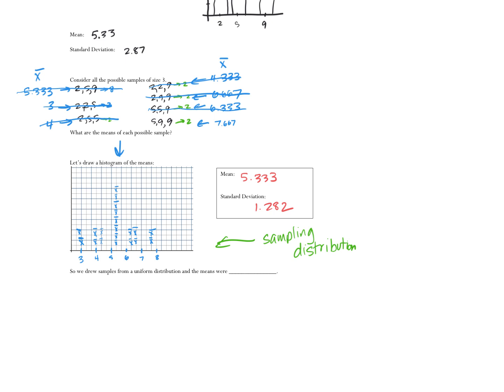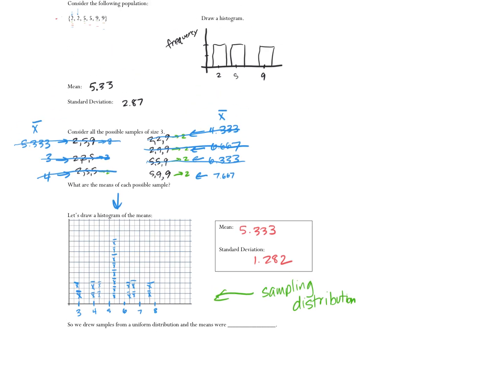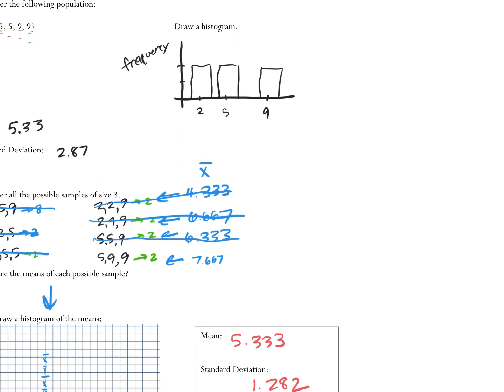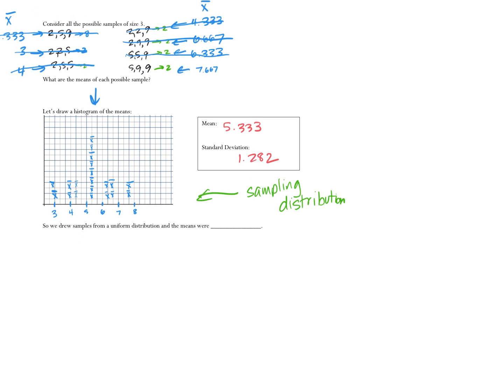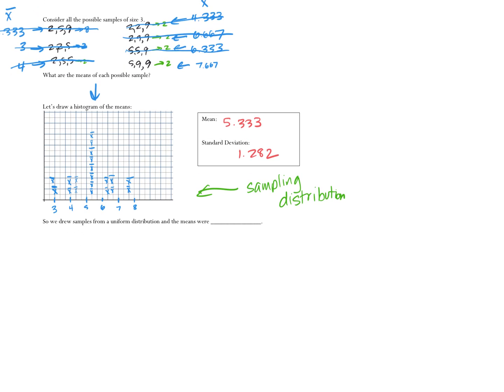And then I'd say, if I take every possible sample, what does the distribution of those measurements look like? So this is a set of sample means, not individual values. Okay? And so we started with a flat-topped distribution. And if we look, we can kind of see that these samples end up being unimodal.